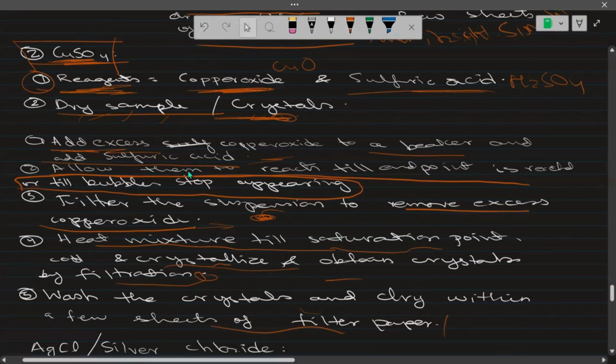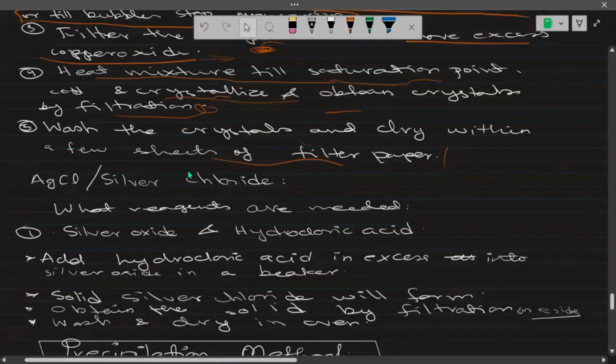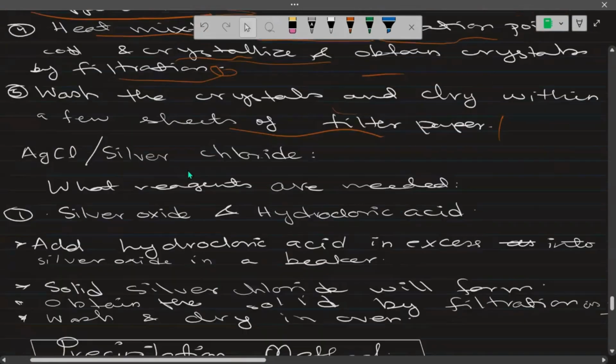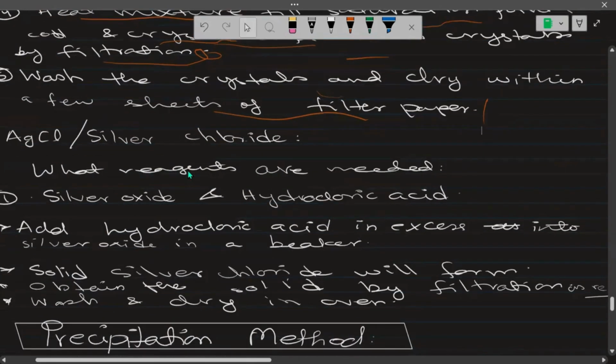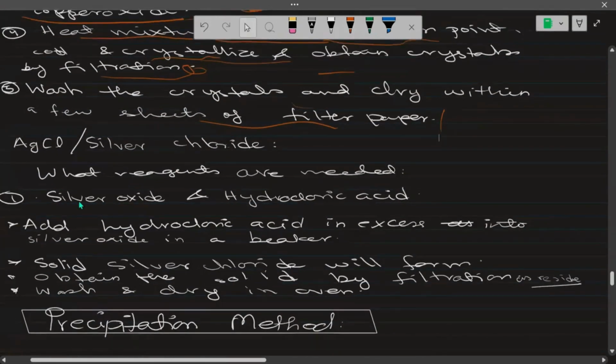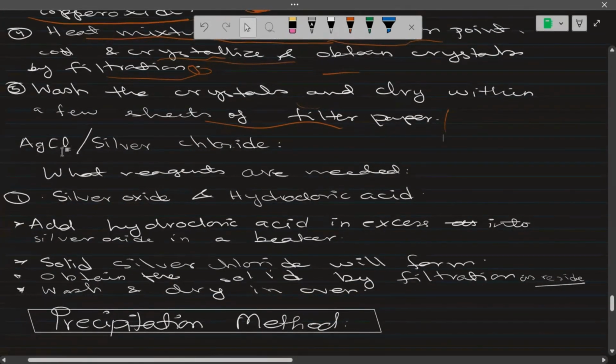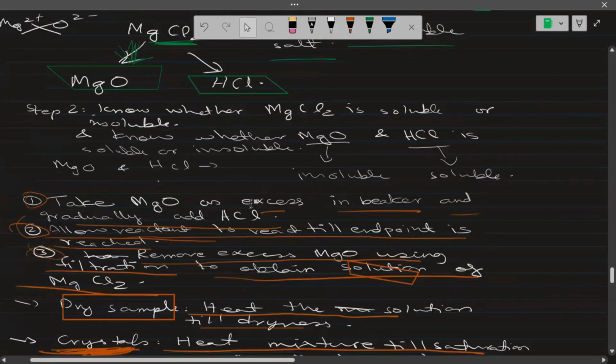Okay. Now let's do AgCl, silver chloride. What reagents are needed for silver chloride? First of all, we will see if silver chloride is soluble or insoluble. It's insoluble, as we remember from the solubility rules.